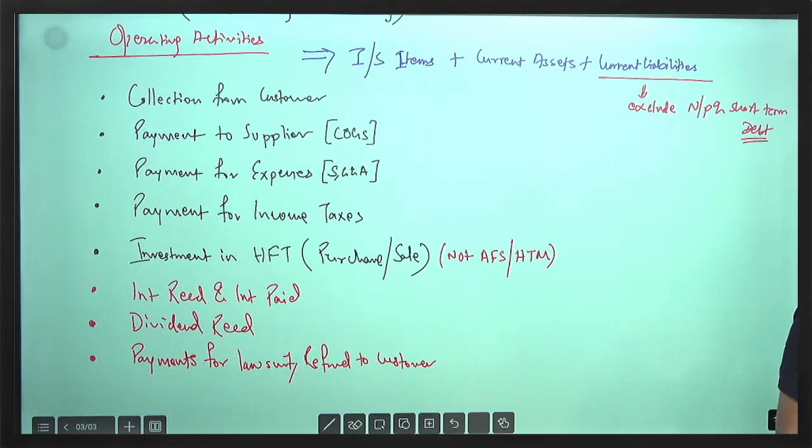Because debt is like a loan arrangement. This is not related to your purchase and expenses paid, right? When I talk about current liability, I have to take provision for taxes, creditors, and outstanding expenses, but I will not take notes payable and short-term debt. Notes payable can be non-current also. If it is non-current, then no problem.